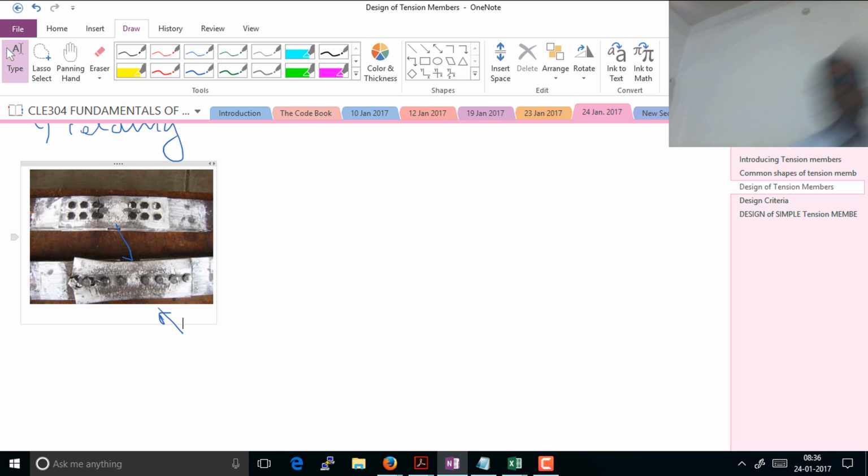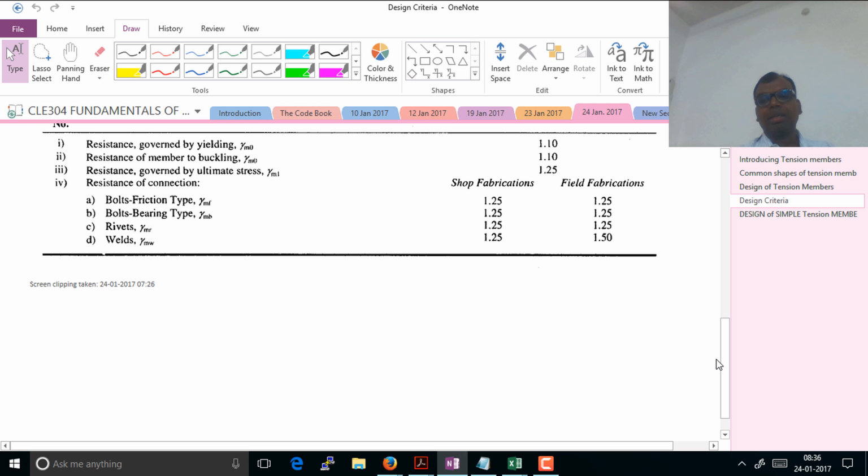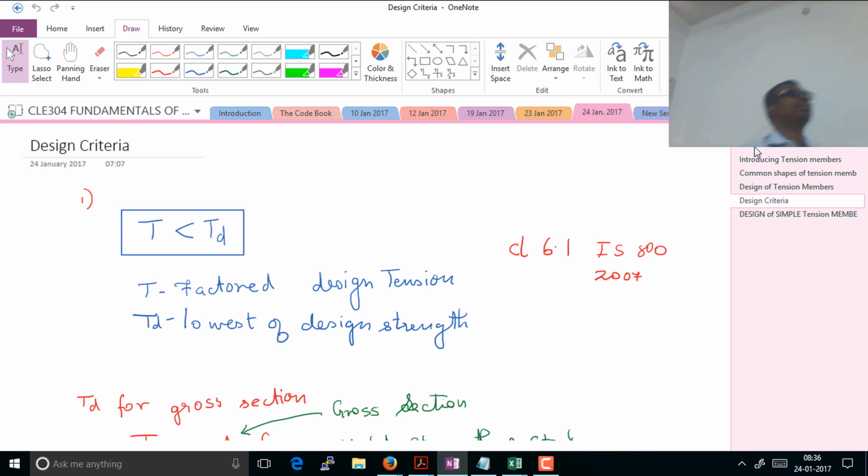Now we are just going to the design criteria which has been given by IS 800 2000. Here, this is the basic equation which we have.